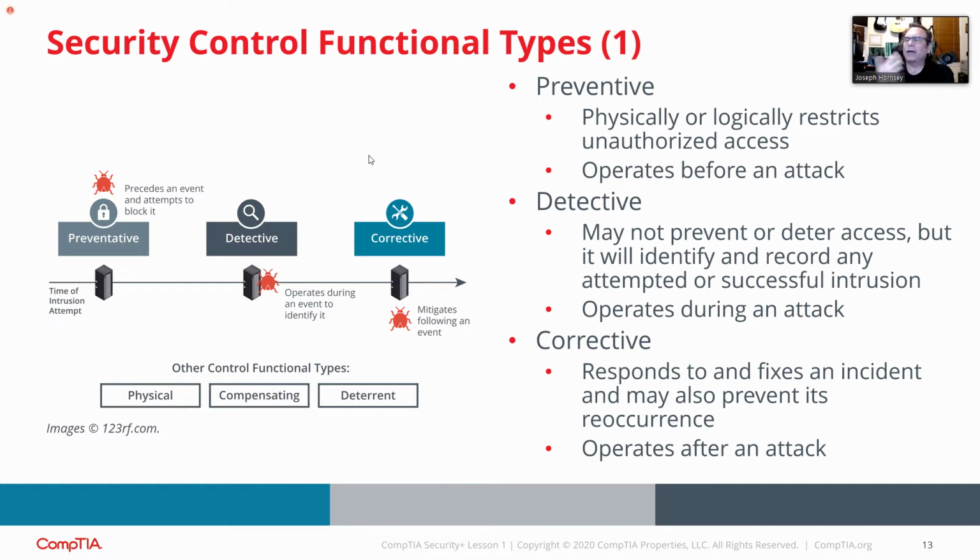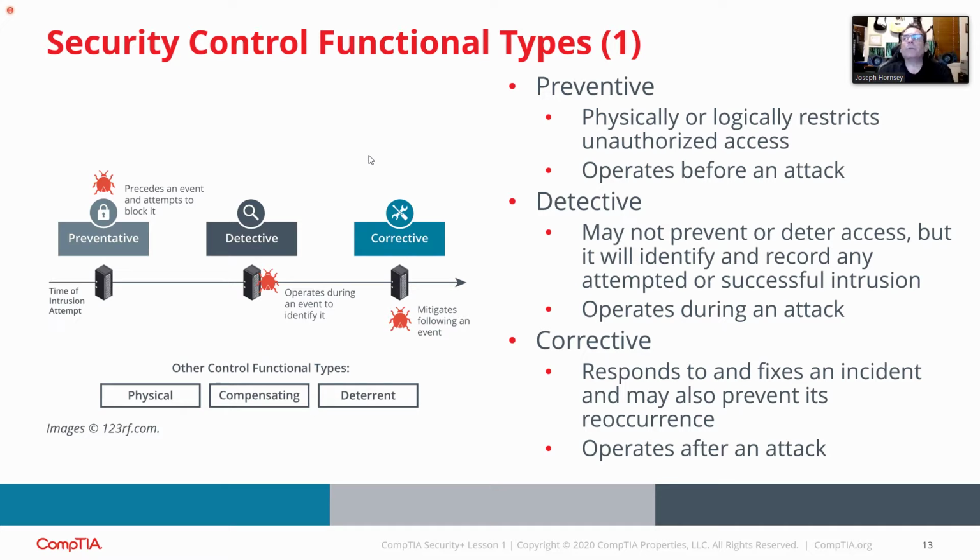An example there, again, is log files. As things are happening, they get logged, and those logs are detective controls. They are operating while a security event is taking place, and they are simply detecting it. They're identifying the information. And then corrective controls are those that operate after an attack.